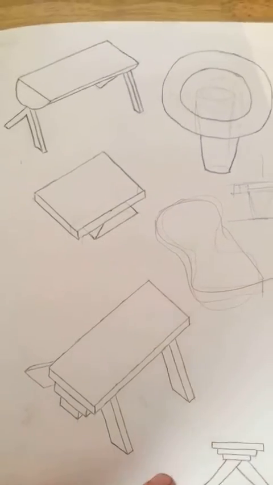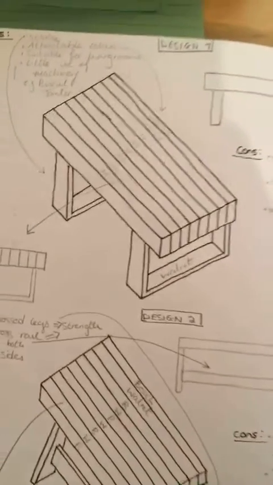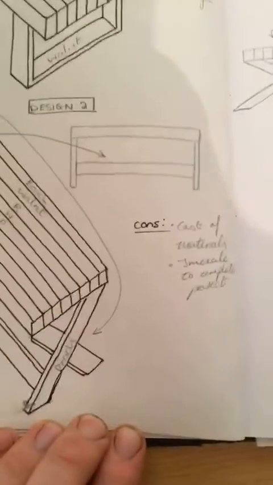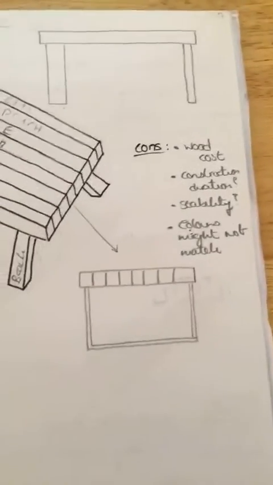With multiple choices of sketches coming, I'm now beginning to get a picture of what I want. I formed design idea 1, including the pros and the cons, design idea 2, pros and cons, and also design 3, pros and cons.